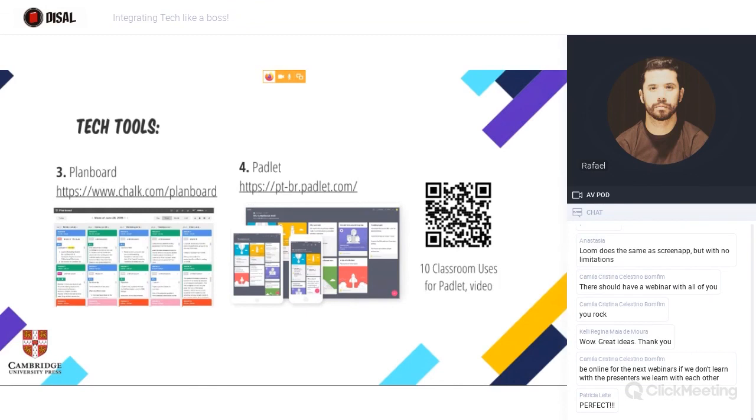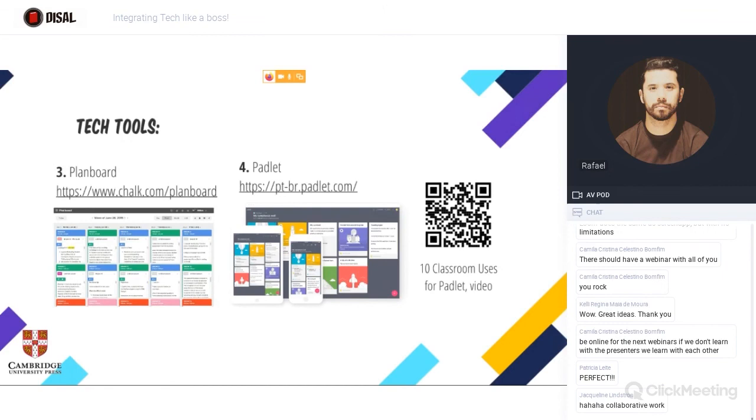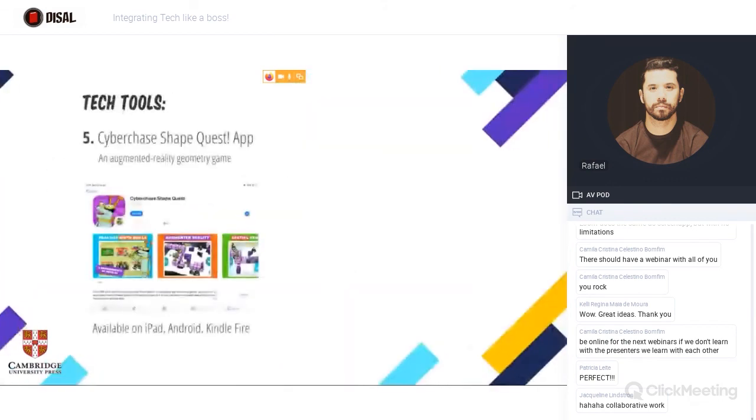So if you scan this QR code, you will be directed to a very nice video explaining 10 good classroom uses for Padlet. I decided to put this QR code here because I noticed lots of teachers are using Padlet, but they are lacking in mastering it and taking it to its best advantage. So I think it's a very interesting video to watch later on.